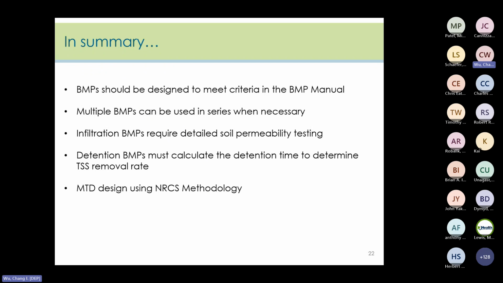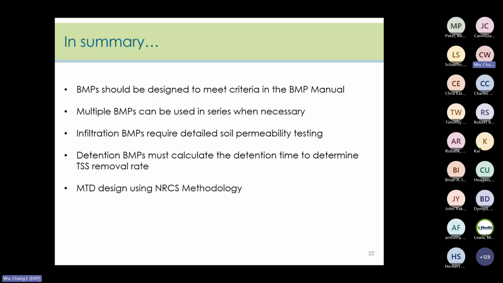So in summary of the BMP design, the BMP must be designed to meet the design criteria in the BMP menu. And multiple BMPs can be used in series when necessary. And Anthony has addressed how to calculate the percentage.